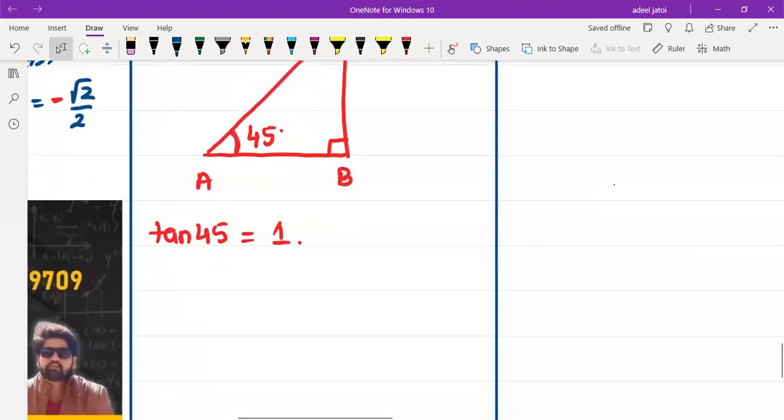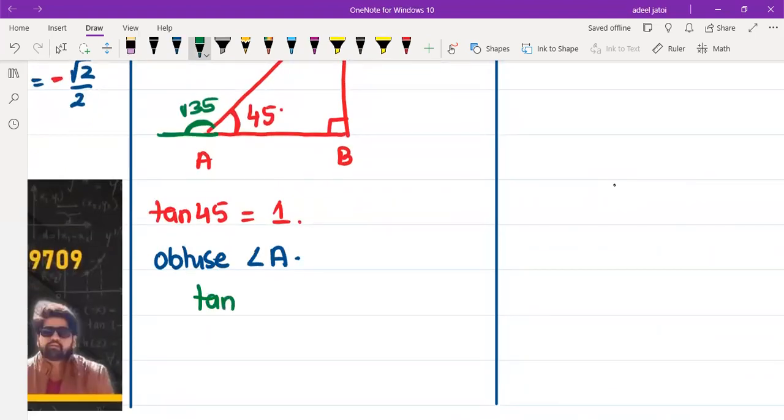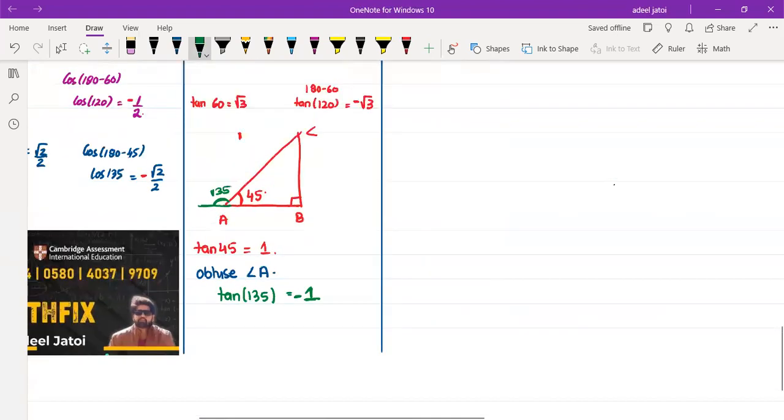But the question will say find the value of the obtuse angle A. So obtuse angle A will be on the other side, which will be 135. So we can write angle 135, which is similar to 180 minus 45, and tan 45 is given already, which is 1. So we can say tan 135 is also 1, but it will be negative 1 because of the obtuse angle here.